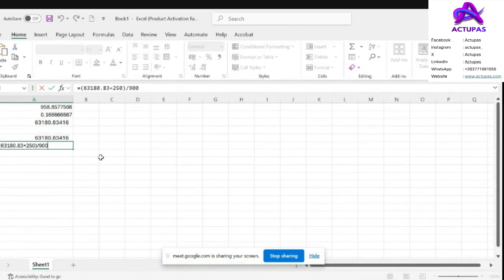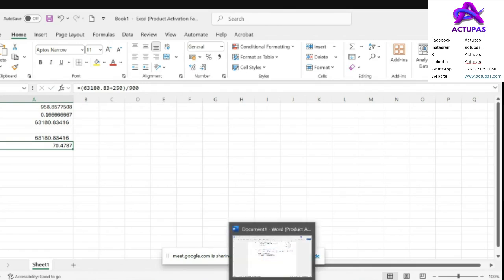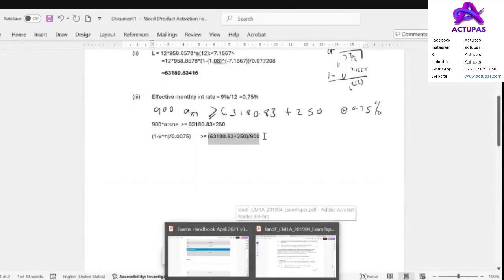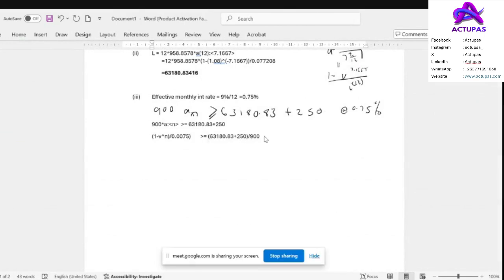This is equal to that. This is 70.4787. So if we leave v to the power n alone, this would be v to the power n is greater or equal to 70.4787.